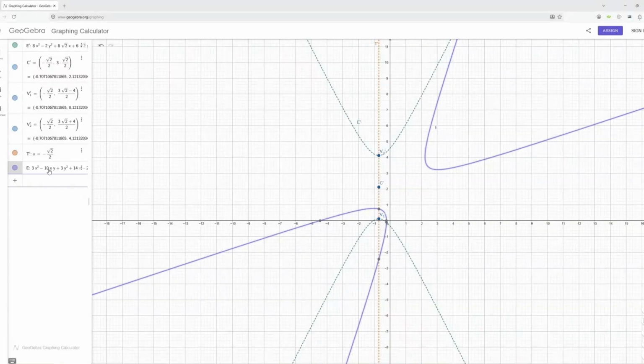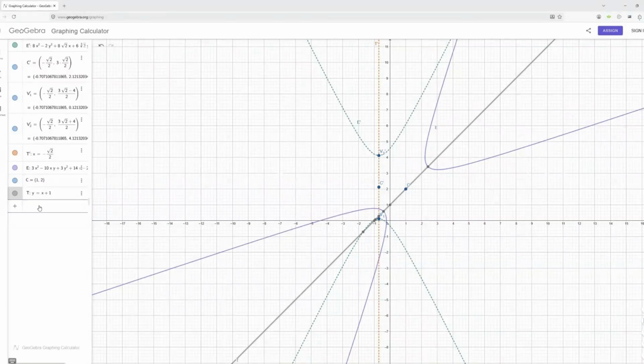We calculated that the center is the point 1, 2. We also calculated that the transverse axis occurs on the line y is equal to x plus 1.